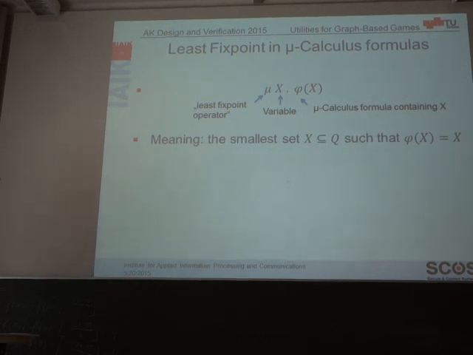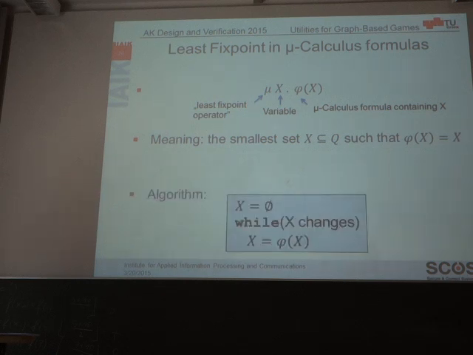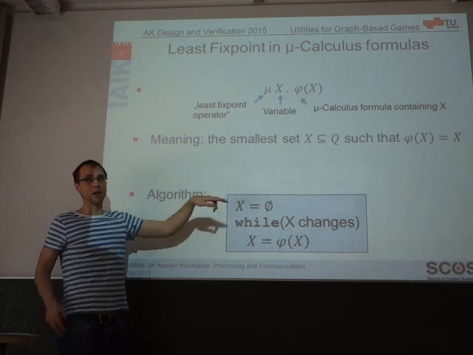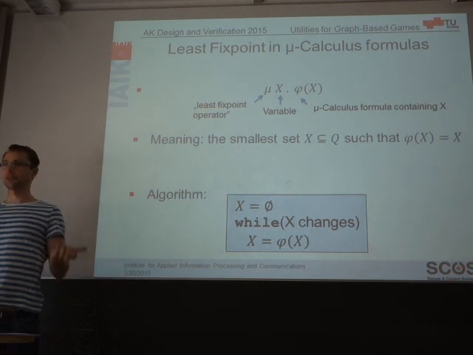So the meaning of this least fixed point operator is now that it should be the smallest set of states such that phi applied to x is again x. And again, we can reuse the same algorithm from before. Before, the algorithm said to start with the smallest element in your domain. Now our domain is sets of states.